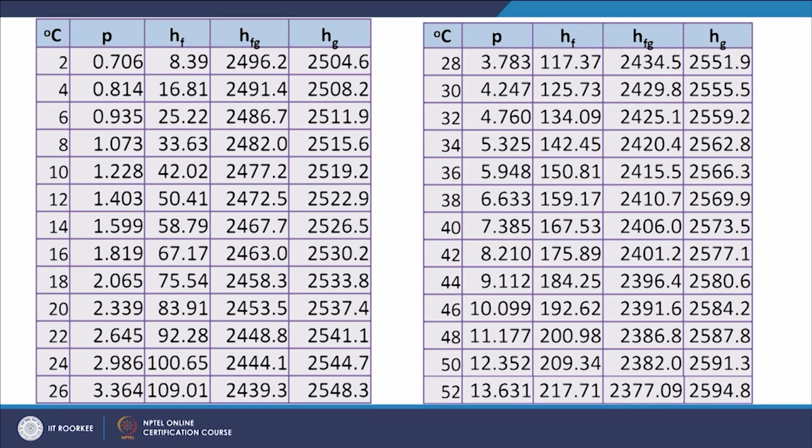So the temperature T is equal to 30 degrees centigrade, and partial pressure of water vapor at 30 degrees centigrade is 4.247, right?